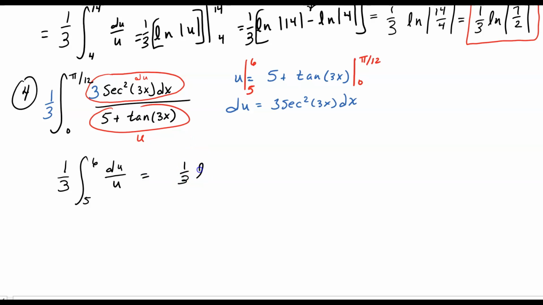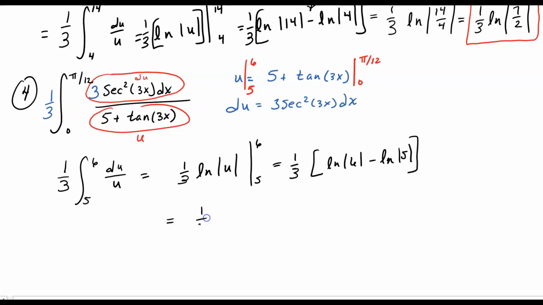We get 1/3 of the natural log of u evaluated from 5 to 6. 1/3 on the outside, natural log of 6 minus the natural log of 5, and really there's nothing to it. Again, subtraction means division, so I end up with 1/3 of the natural log of 6 over 5, and that is my final answer.